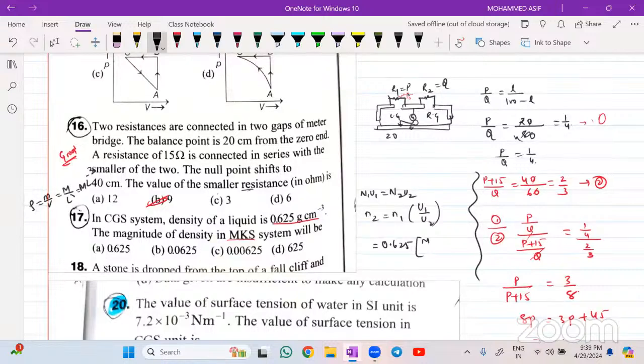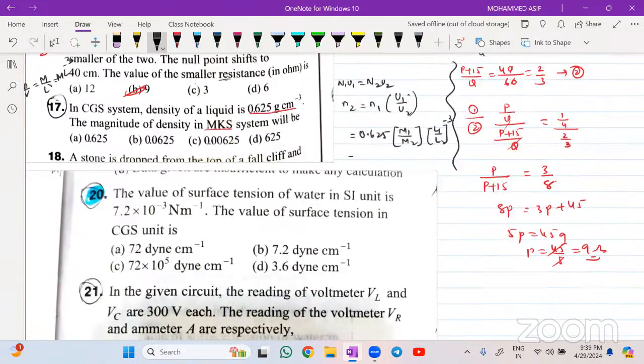तो दोनों यूनिट्स में लिख रहा हूँ, तो M1 divided by M2 और एक आ जाएगा राइट नाउ L1 divided by L2 to the power of minus 3। ठीक है ना? M1 की वैल्यू कितनी है ग्राम्स में? So this value will be equal to 0.625 into M1 की वैल्यू ग्राम में है, M2 की वैल्यू केजी में है, into L1 is right now for me in meter, and L1 is right now for me in centimeters, and this one is okay or clear?